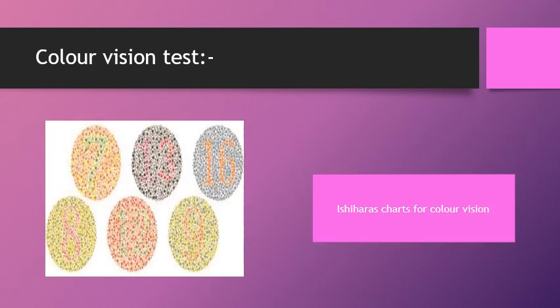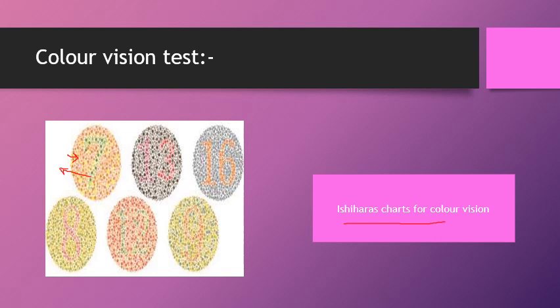Color vision testing. The left side figure shows color vision testing, and these are the charts used for it. Ishihara's charts are most commonly used for color vision. In these charts, we have different plates in which the background color is different, and on which there is a letter or a number placed in a different color.